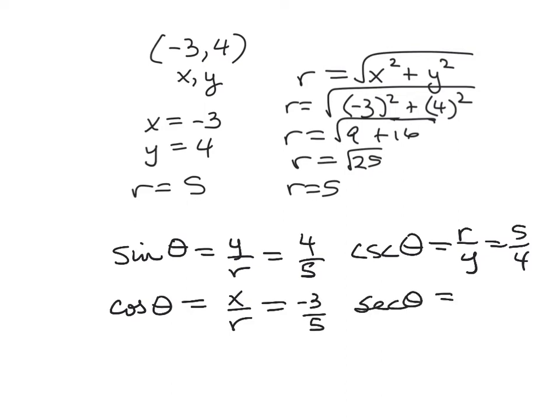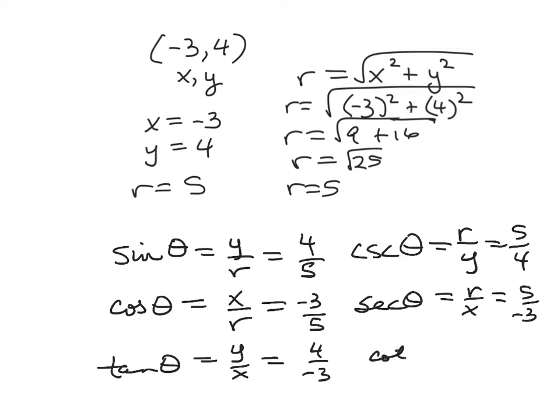Secant of theta, r over x, which is going to give me 5 over -3. Tangent of theta, y over x, 4 over -3, and then cotangent of theta, x over y, flip it, and there you are. So same thing we did in the Brown book, you're going to do in tonight's homework as well.